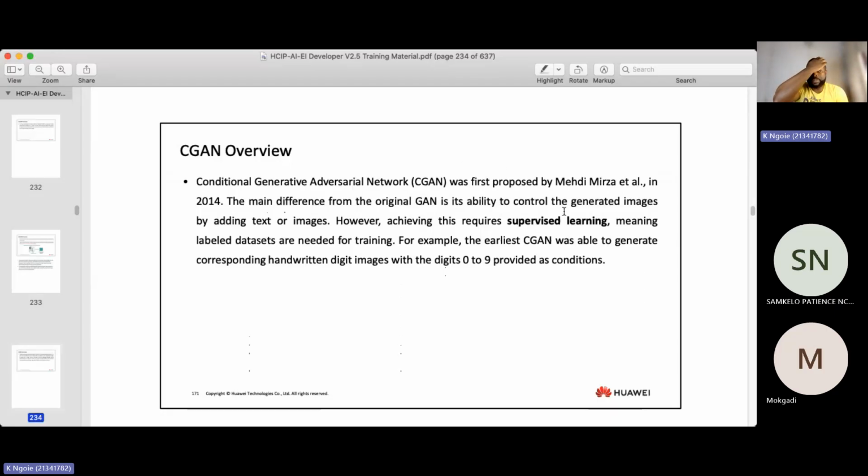The CGAN will work with conditions. By conditioning on this information, the CGAN can generate specific types of images, for example, images of a digit 5 or faces with smiling expressions. So we tell which type of image we need.